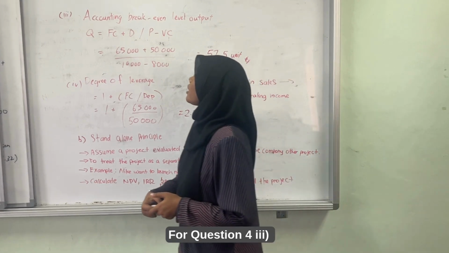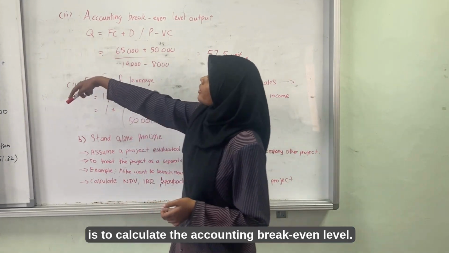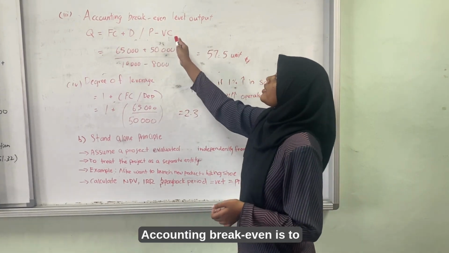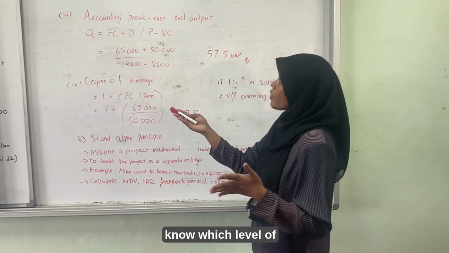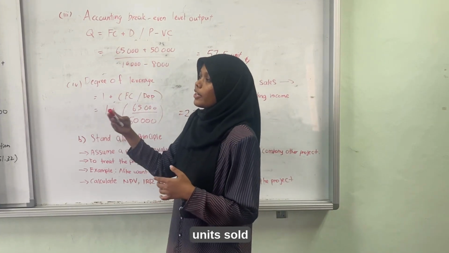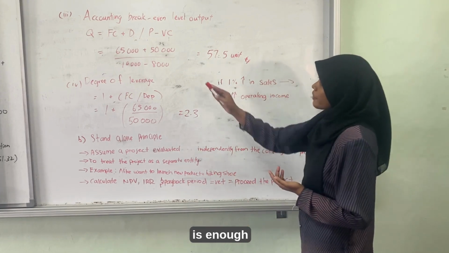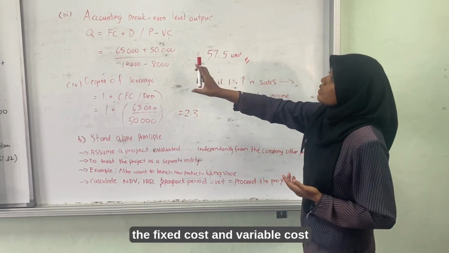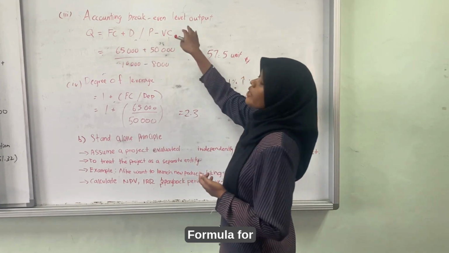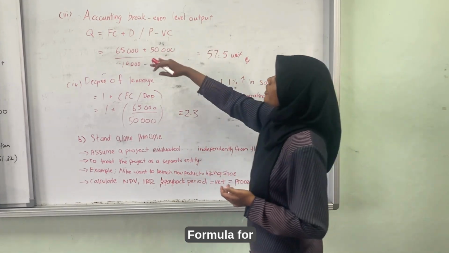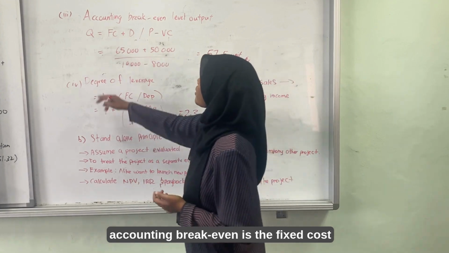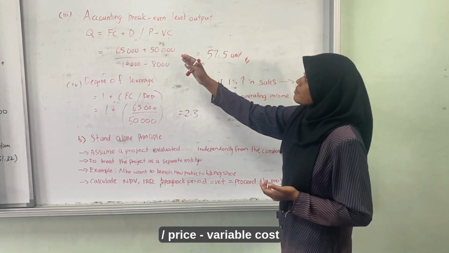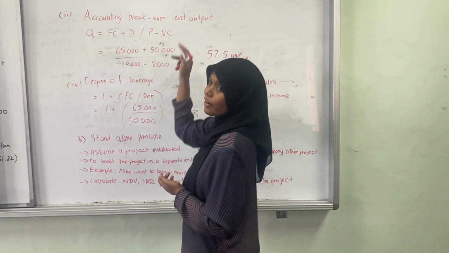For question 4 Roman 3, we calculate the accounting break-even level. Accounting break-even is to know what level of units sold is enough to generate revenue to cover the fixed cost and the variable cost. The formula for accounting break-even is fixed cost plus depreciation divided by price minus variable cost.